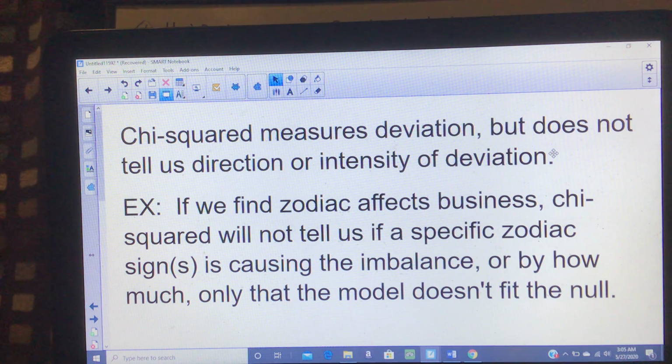If we look at the numbers, it looks like Pisces is high, and like I said, Gemini was low. But the test won't tell us which category is high and which is low, or if several categories are high and several are low. All it will do is tell us that there is deviation. It'll just tell us, yes, this could have come from your null model, or no, there's too much deviation. But it won't tell us specifically where that deviation comes from, or by how much, just that it's not consistent with the null model.